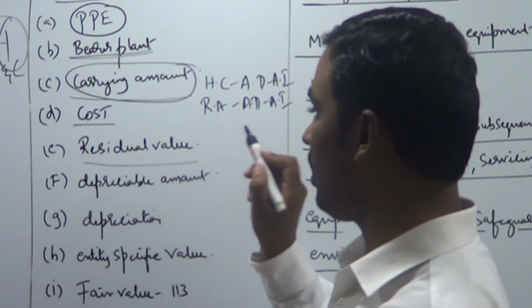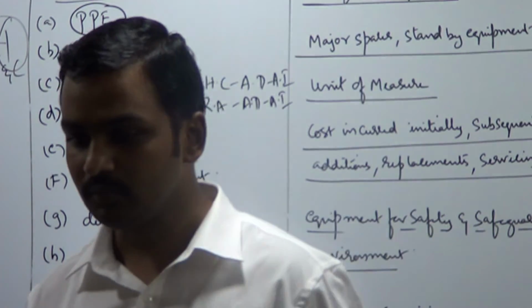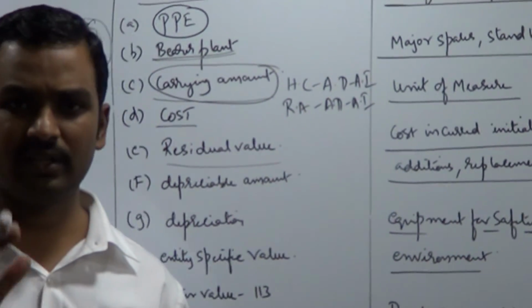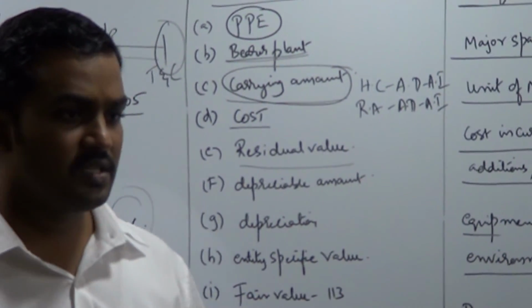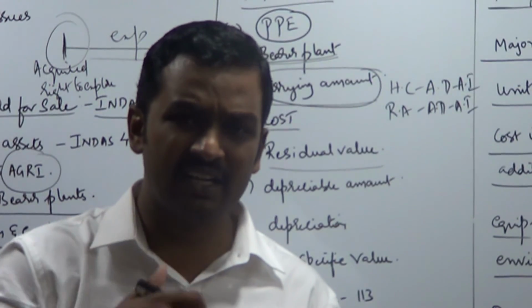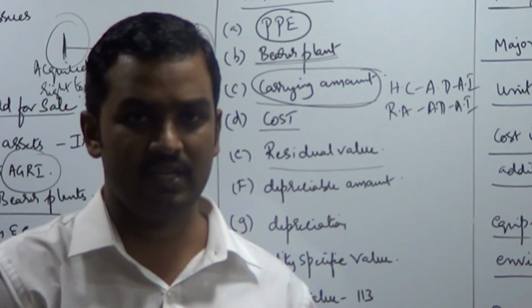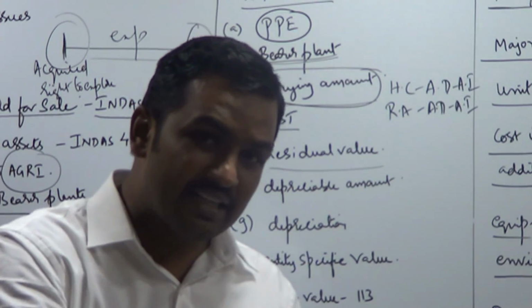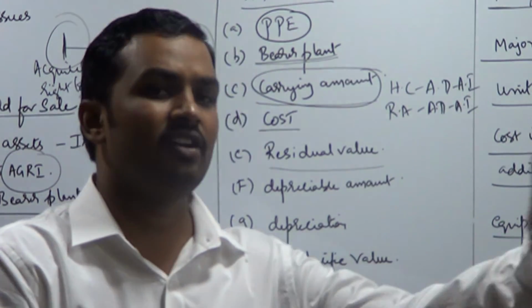Next, residual value. What is residual value? Now, residual value is required for the purpose of calculating depreciation. So as per the standard, residual value is the amount which the management currently expects to receive if the asset is sold, but in the condition it would be at the end of its useful life.